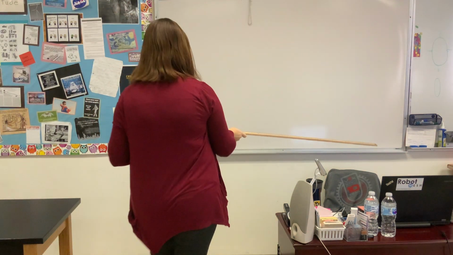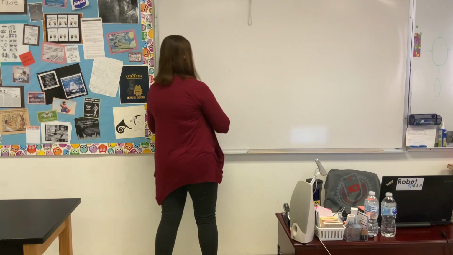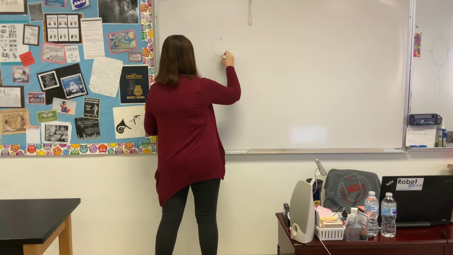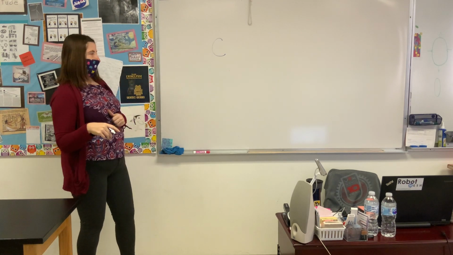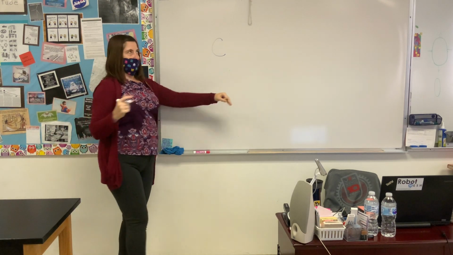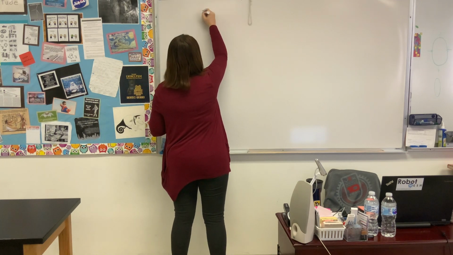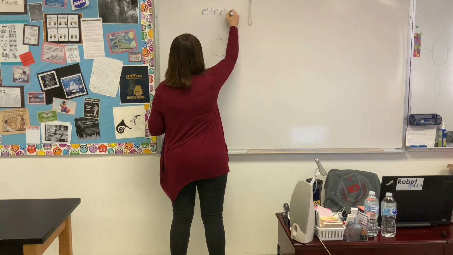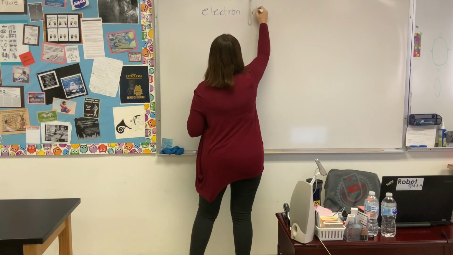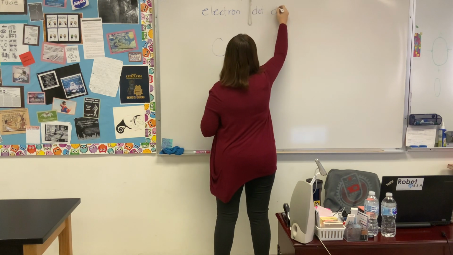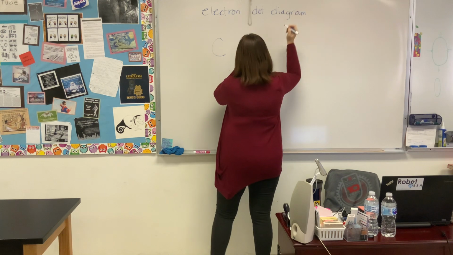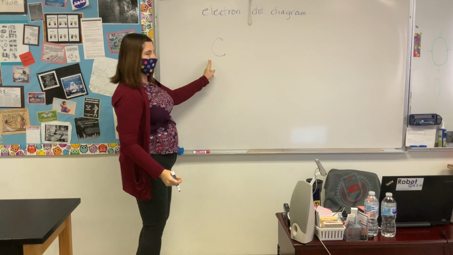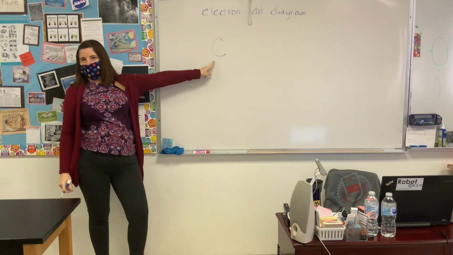Okay, so if I have an atom like carbon, find carbon for me. Find carbon on the periodic table. Okay, so for an electron dot diagram, I have to start with the symbol for the element.